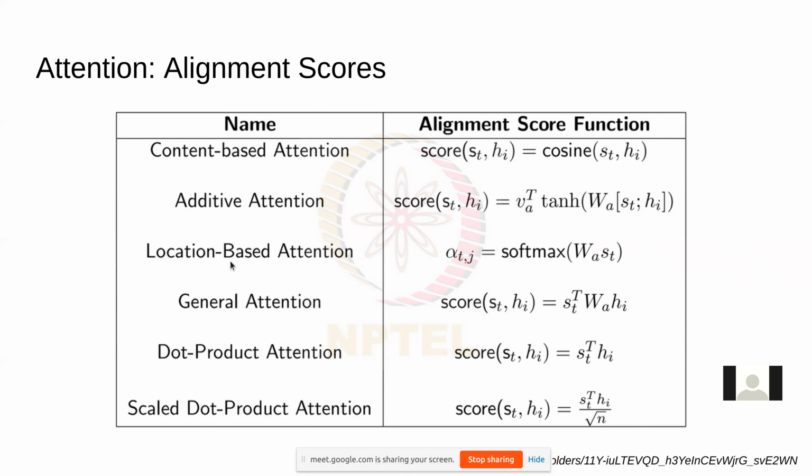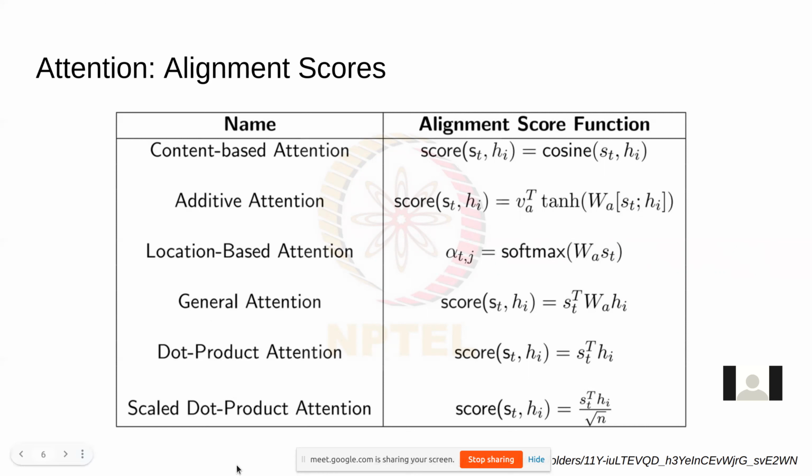Similarly, for location-based soft attention, you can multiply the state st with some weight and then take a softmax, so that will give you location-based attention. However, the parameter W has to be learned during the training process.